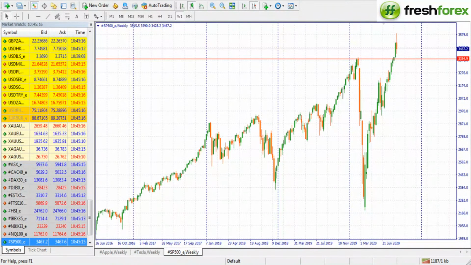We want price to get back to that level so that we can look for a buy position. If the price can come back down to the red line I've just drawn on our screen, then that will be the ideal place to look for a buy from. So we are basically just seated on the sidelines. We want to see how the price reacts after reaching that level, expecting that buy to take us to the upper side.